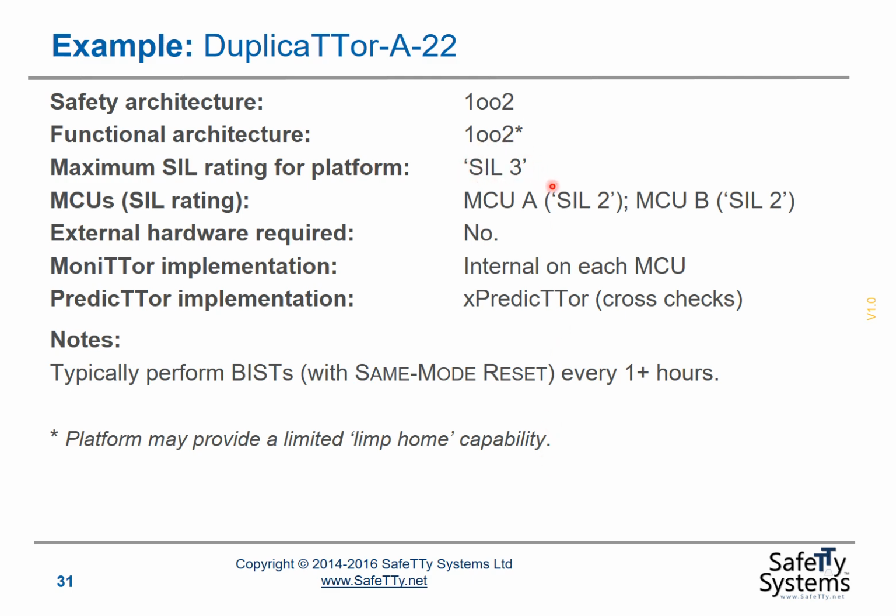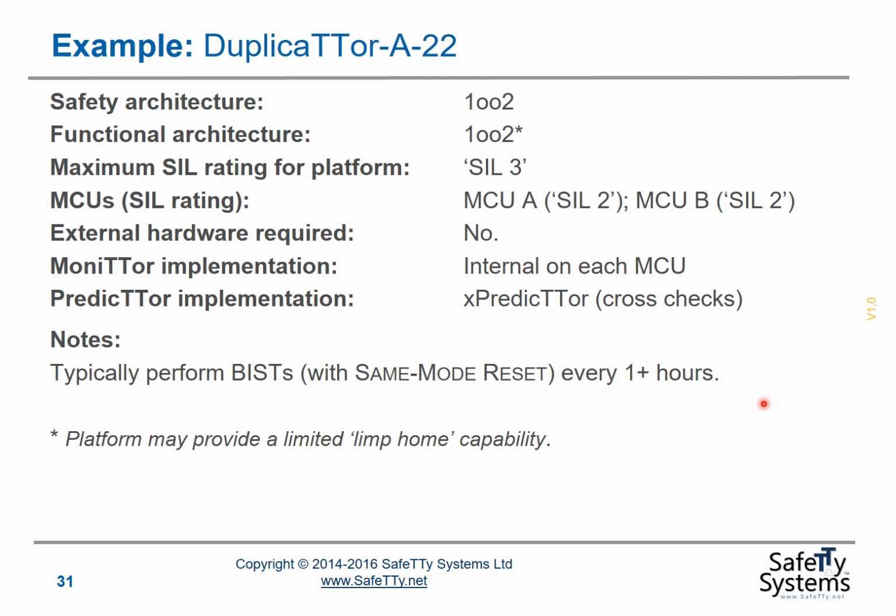We may be able to obtain a SIL3 rating for this platform through the use of two SIL2 qualified microcontrollers working together. We don't require any other external hardware apart from these two microcontrollers. We will implement an internal monitor on each microcontroller, and we'll use a cross predictor to provide cross checks between the different microcontrollers.